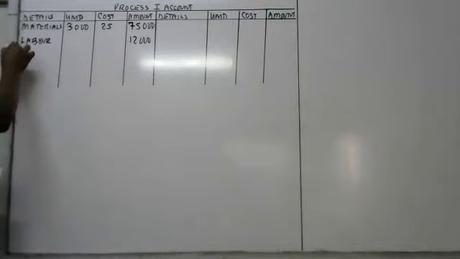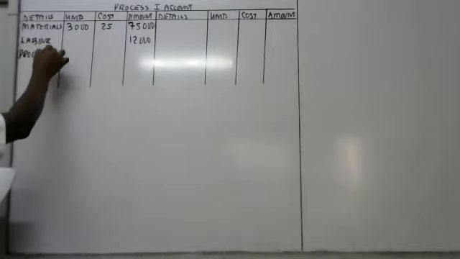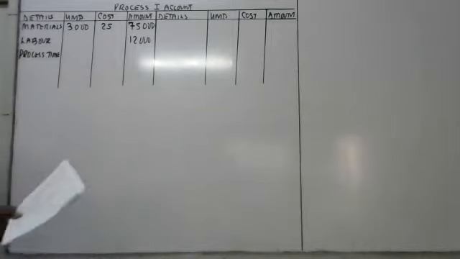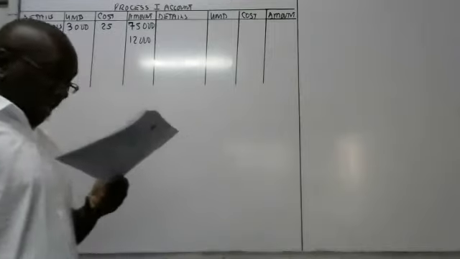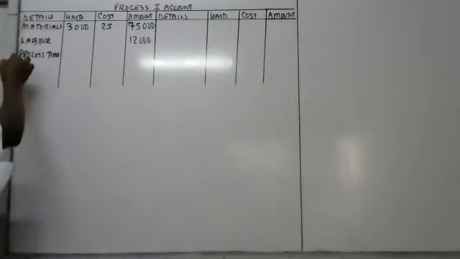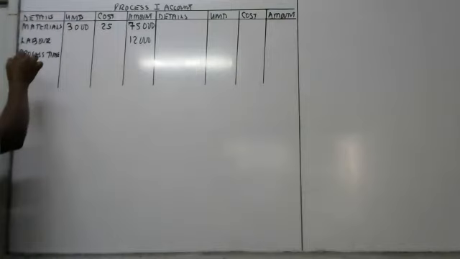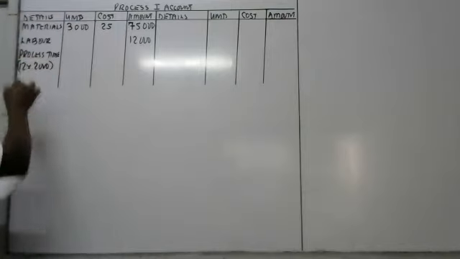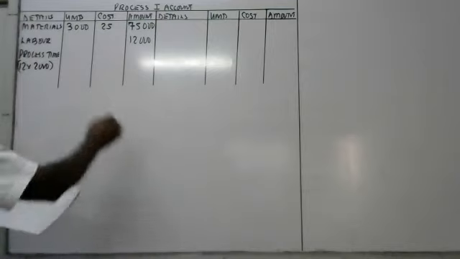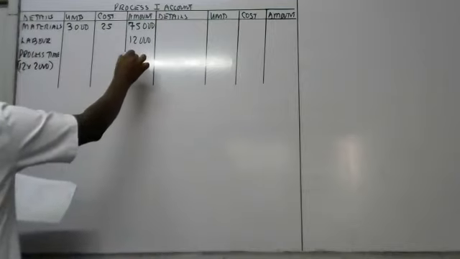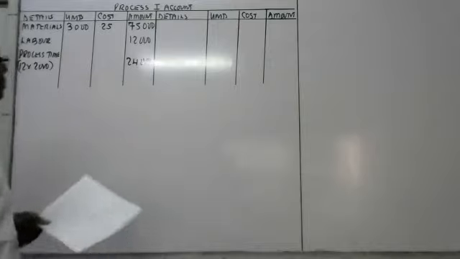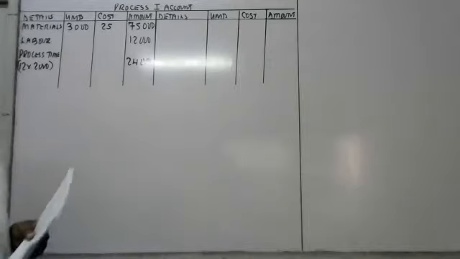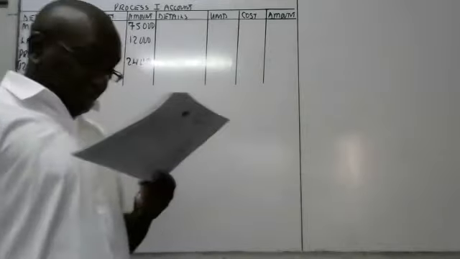Then we have process time. Now process time, you will get it as 12 times 2,000, that would be 24,000.